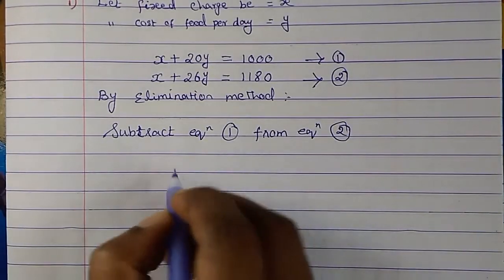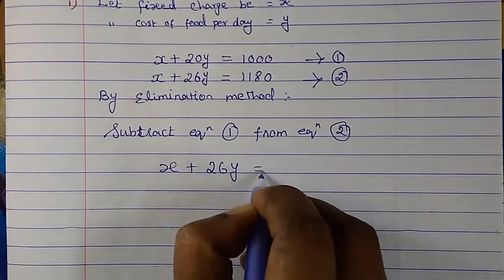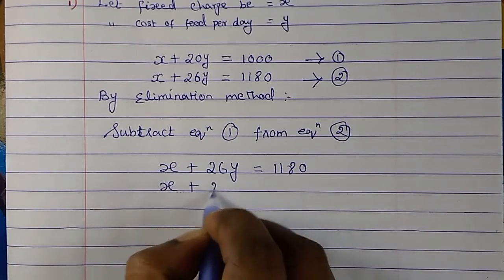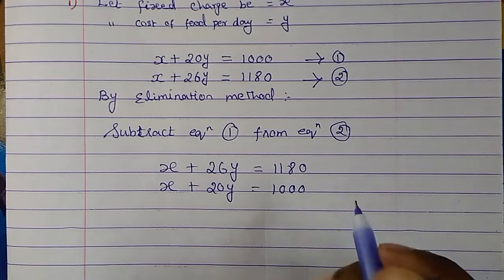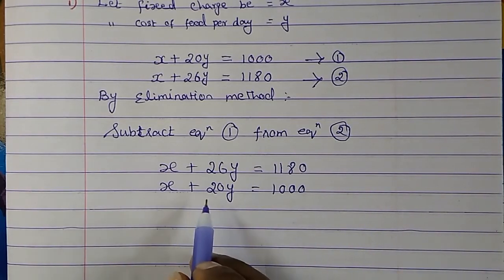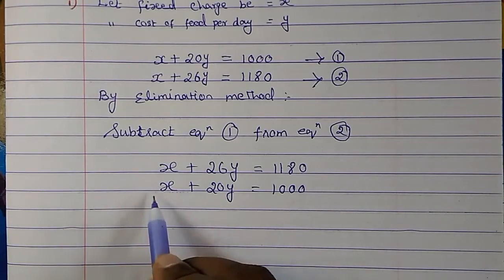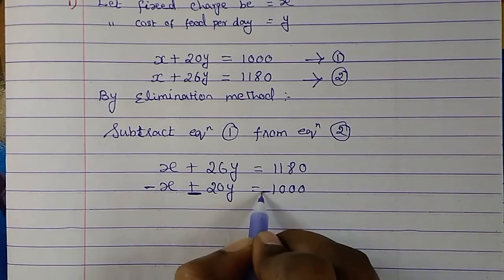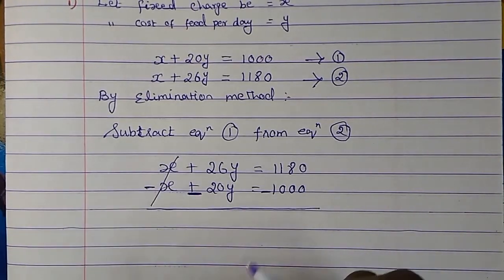So let's do it. Equation 2 is x plus 26y equal to 1180. Equation 1 is x plus 20y equal to 1000. So let us subtract. When we are subtracting, we have to change the sign because both are plus. We need to eliminate, so we have to change the sign. So this also becomes minus, this also becomes minus. Now x gets eliminated.